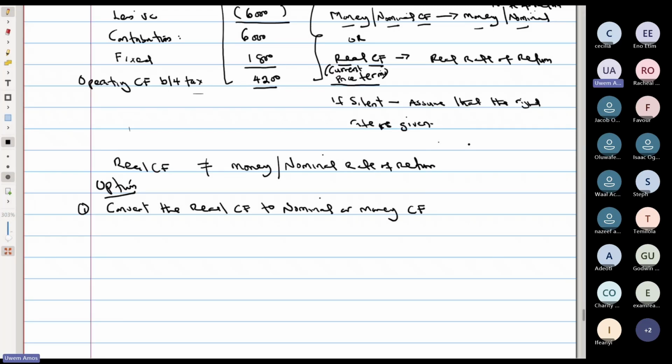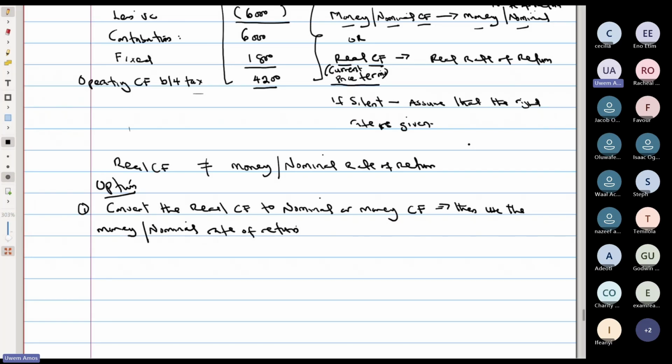Once you convert it to money or nominal cash flow, we can then use the money or nominal rate of return given. Please, if you want to learn more about this term, refer to our previous videos so we don't go back on that. So that's our first option.